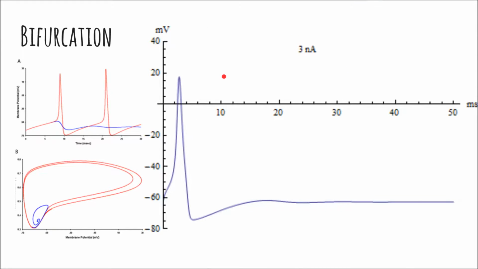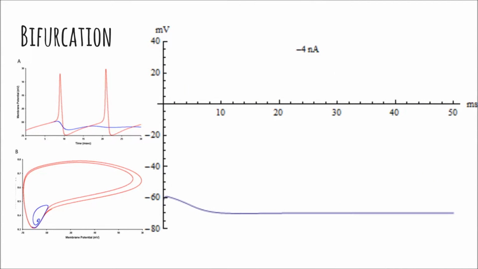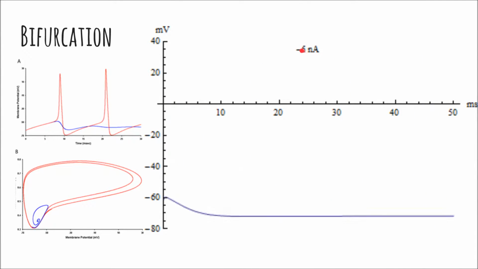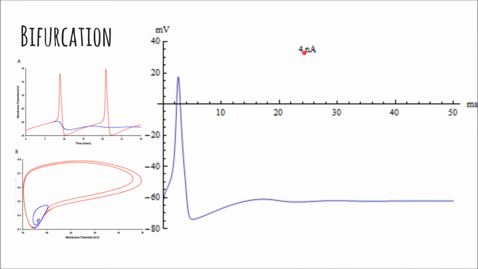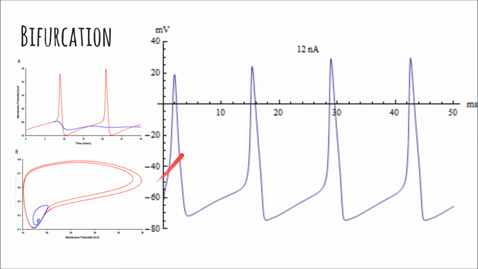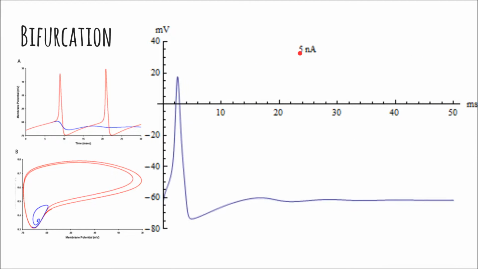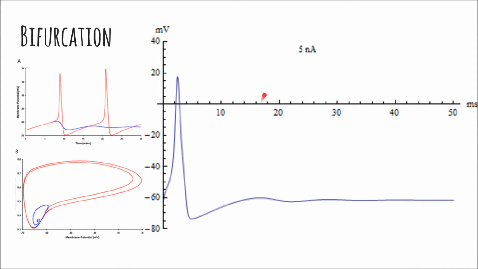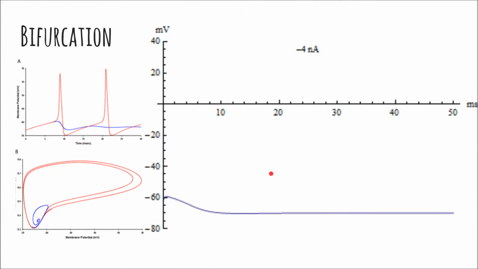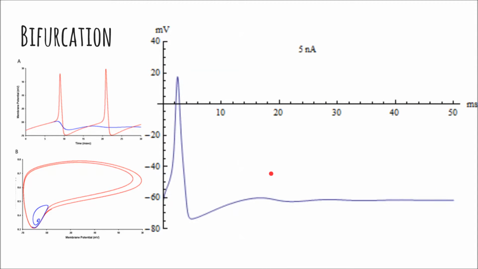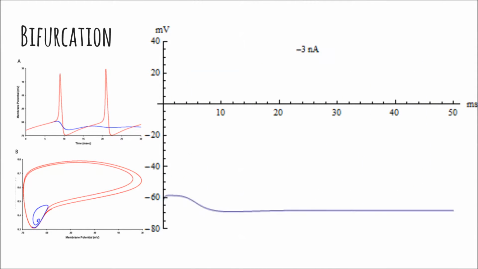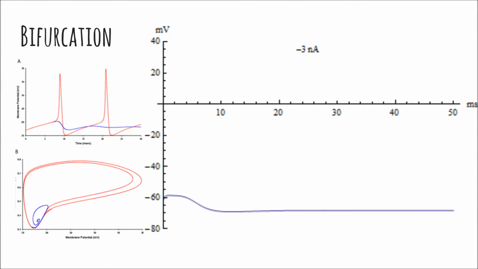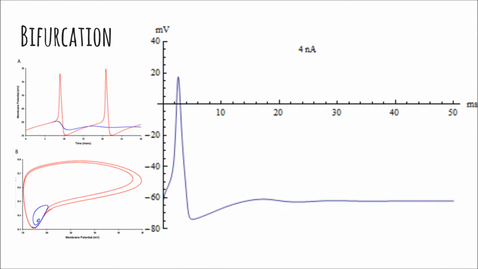And it's also possible to have multiple limit cycles in a system. When this happens, you have what is called bifurcation. So here's an example of bifurcation using our spiking model. Our bifurcation variable is going to be the input current that we put into the cell. And we can see that at a certain point, maybe around 10 nanoamps, there's a large change in the behavior of the cell, even though the actual parameter that we're varying changes only an infinitesimally small amount.